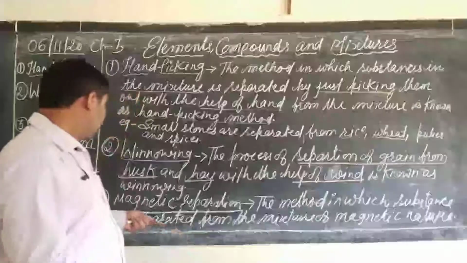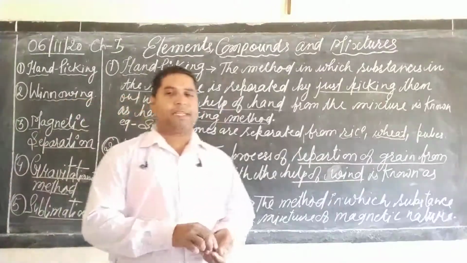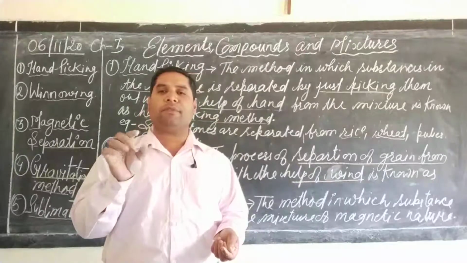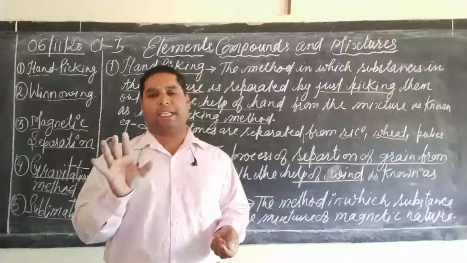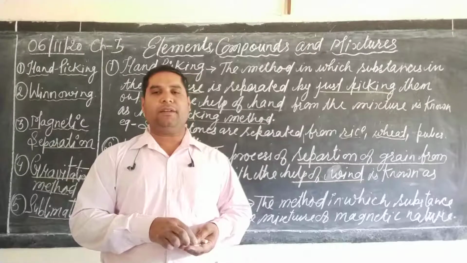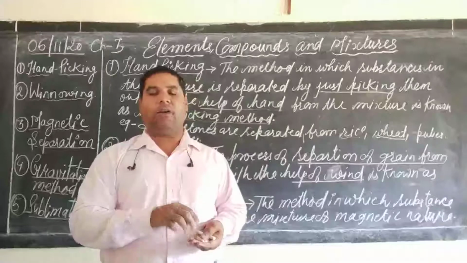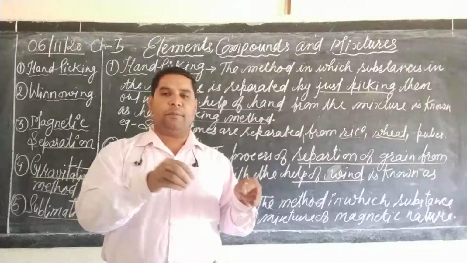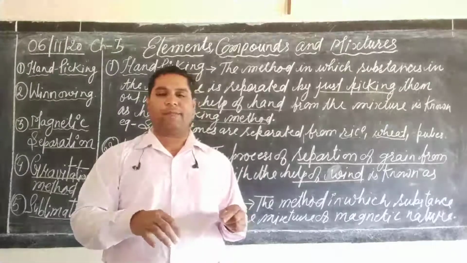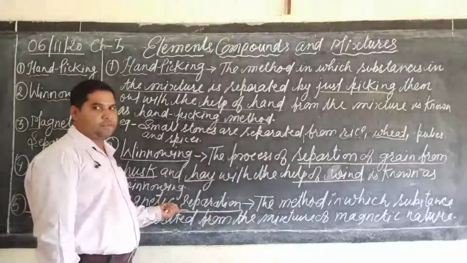So magnetic separation separates a mixture in which one component is of magnetic nature. As I gave you the example, iron and sulfur, or iron particles mixed in salt or sand, can be separated by the magnetic process.